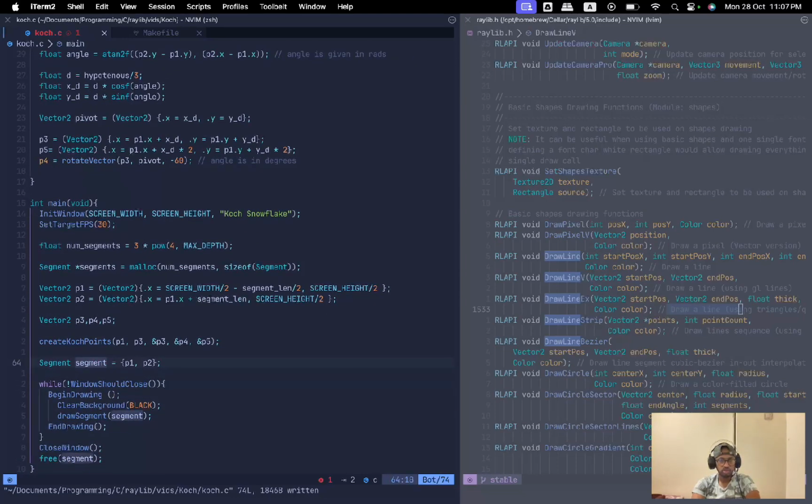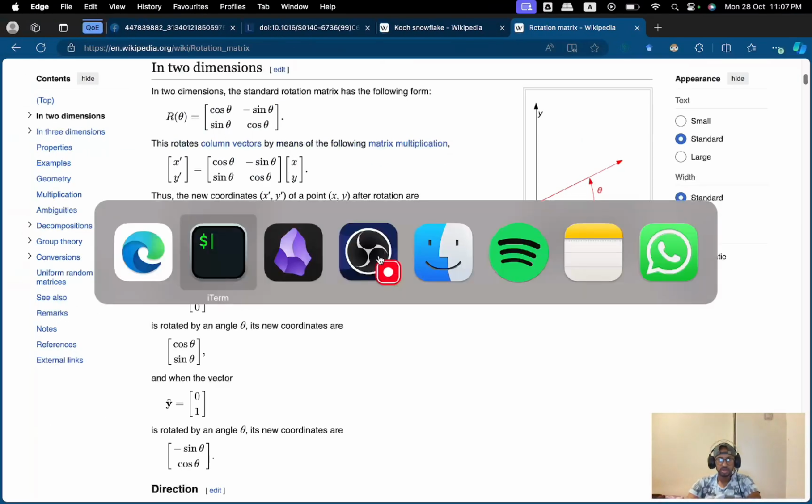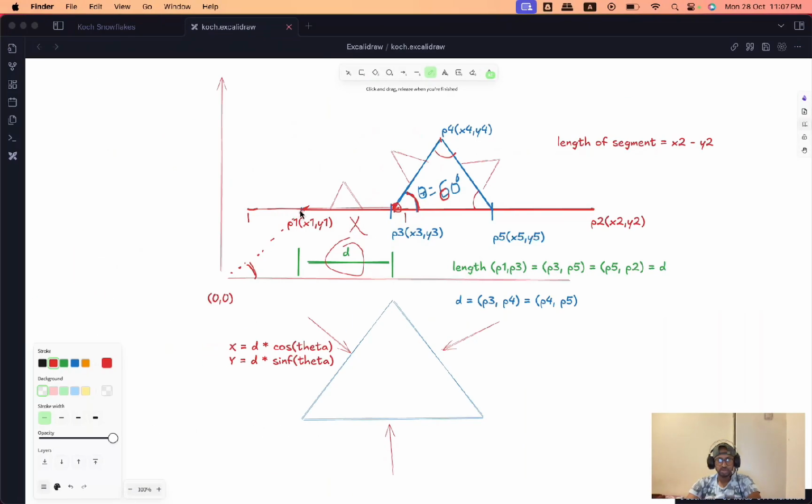So hopefully this, let's try. This will give me 3 other segments. So I have segments: segment 2, segment 3. My new segments would be from p1 to p3, from p3 to p4, from p4 to p5, and from p5 to p2.